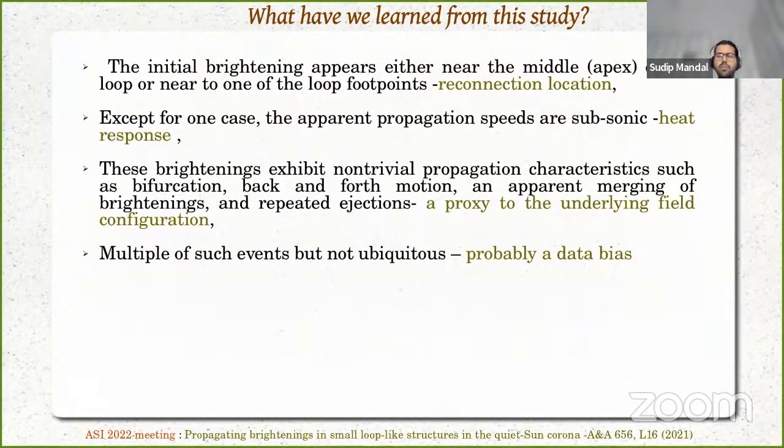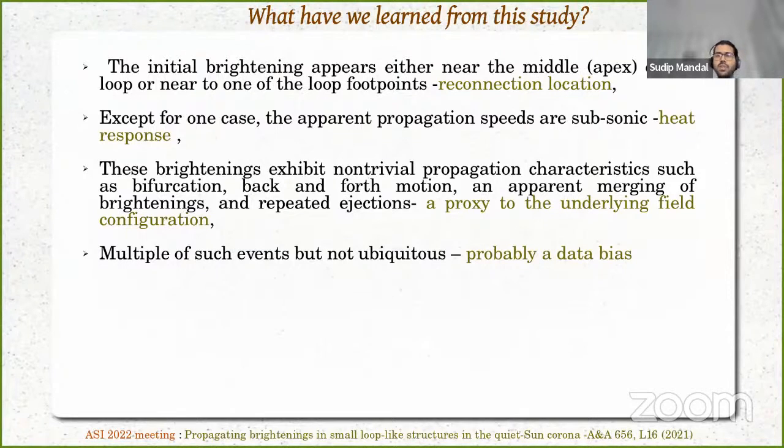The different kinds of propagation tell us about the underlying magnetic field configuration, because these plasmas are basically guided by the field lines, so wherever they go, they are tracing the field lines. So these different bifurcations give us an idea. And what we observed from our event is that there are not many within the field of view.